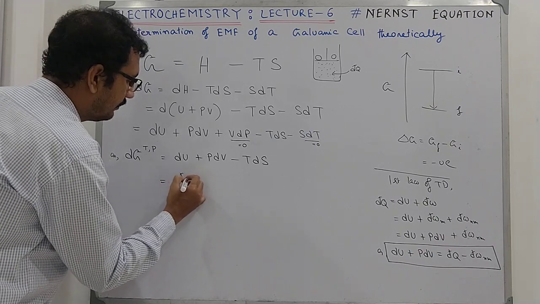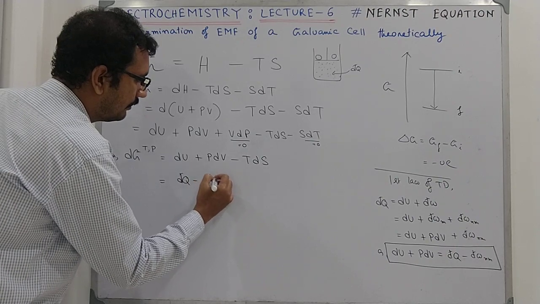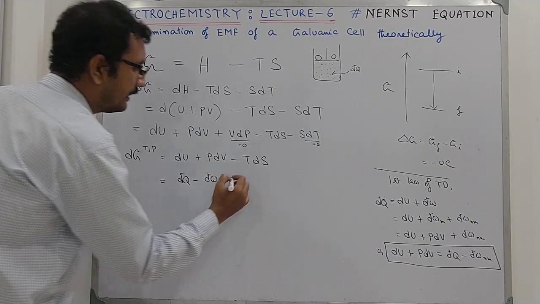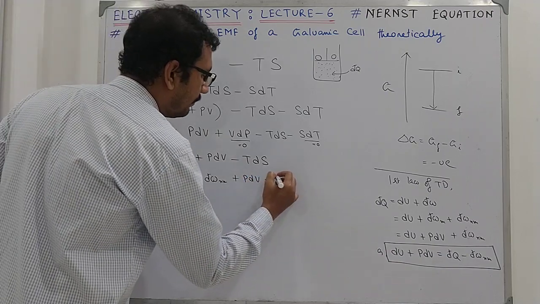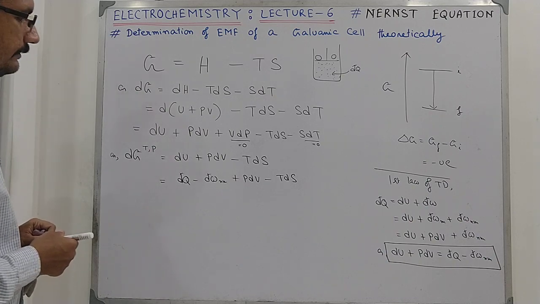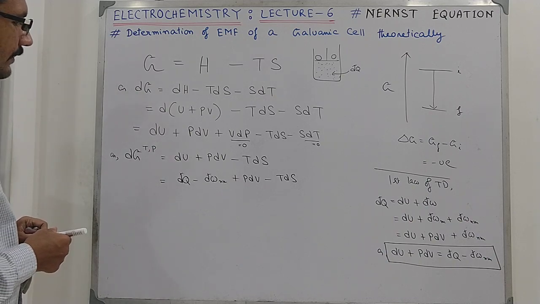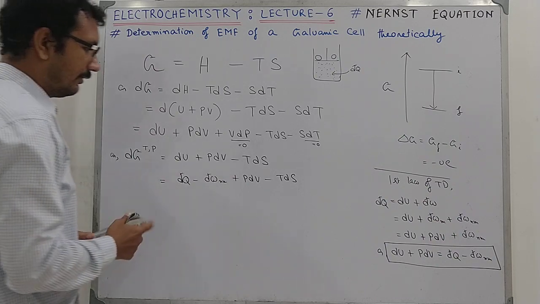So it will be đQ minus đW non-mechanical minus TdS. Sorry, very sorry.